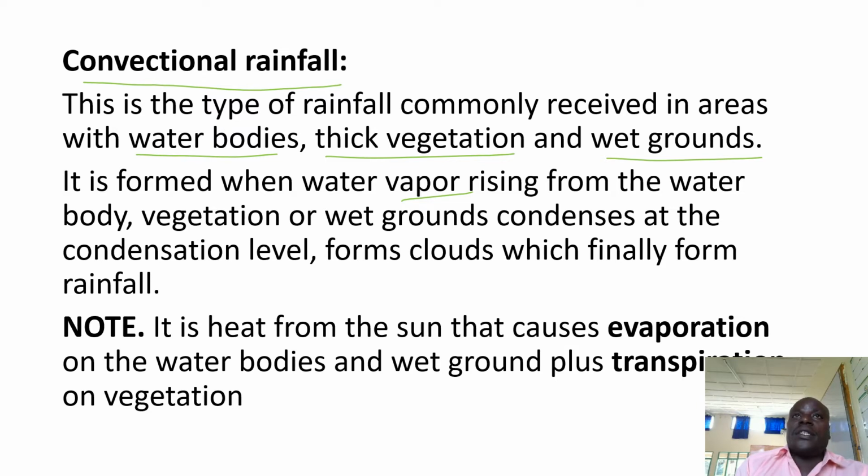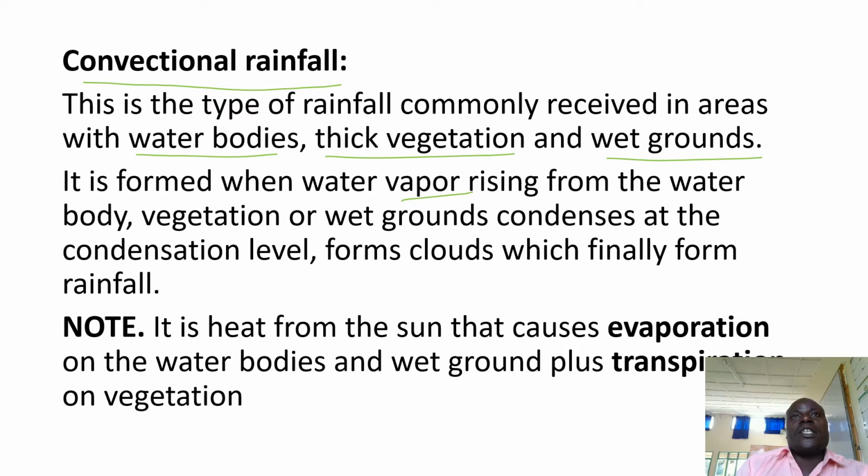There must be a water body, or there must be thick vegetation like a forest or wet grounds. The water bodies and wet grounds will allow evaporation process, and the thick vegetation will allow transpiration process to occur.